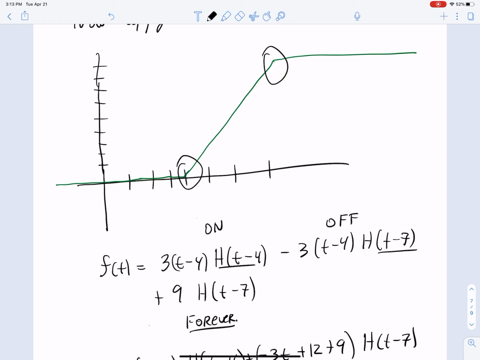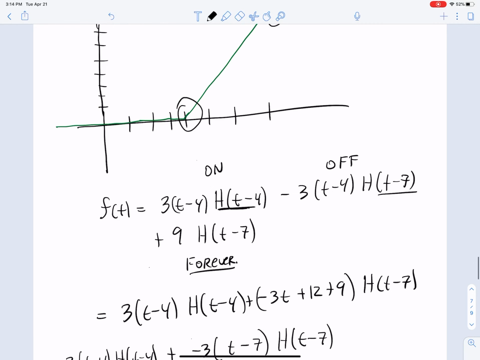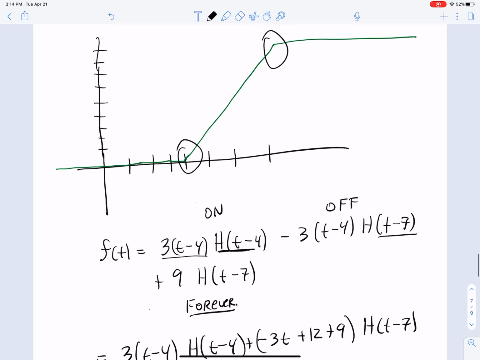So there's a change at t equals 4 and a change at t equals 7. So what happens at t equals 4? Well, before that it's 0, so we don't need to worry about that, right? So the Heaviside will zero everything out for anything to the left of it. And then the height is going to change to being determined by this function, so times 3t minus 4. Great, so that takes care of that change.